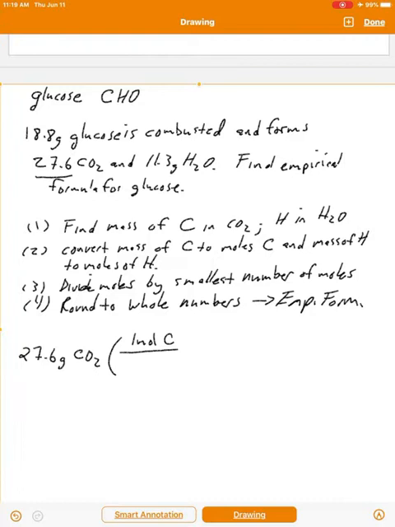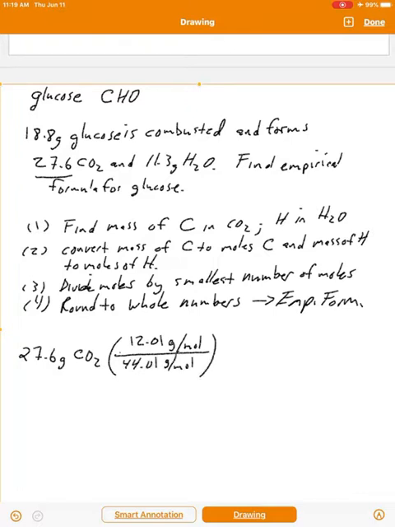Sorry, skipped ahead a step there. We find that the mass of carbon in the periodic table is 12.01 grams per mole. That's the molar mass of carbon from the periodic table. The molar mass of carbon dioxide from the periodic table would be 44.01.